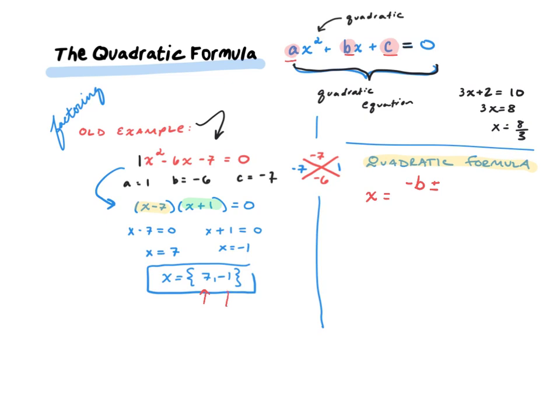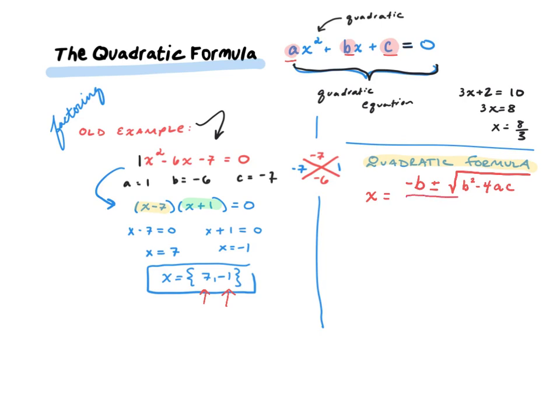I got two answers here. Plus or minus the square root of b squared minus 4 times a times c. So 4ac all needs to be multiplied first before you subtract it from whatever b squared is.